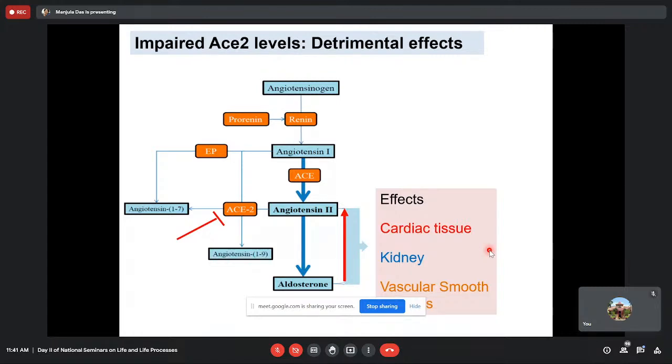The excess angiotensin 2 will stimulate the production of aldosterone through the AT1R, which I showed in the previous slide, in the adrenal cortex. Through specific actions on the distal nephron of the kidney, aldosterone will promote sodium reabsorption, water retention, and potassium and magnesium loss, thereby modulating extracellular volume and increasing the blood pressure.